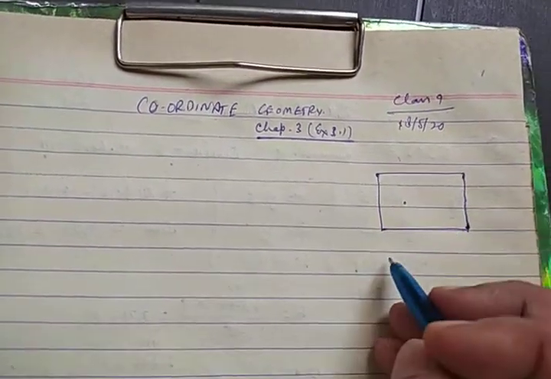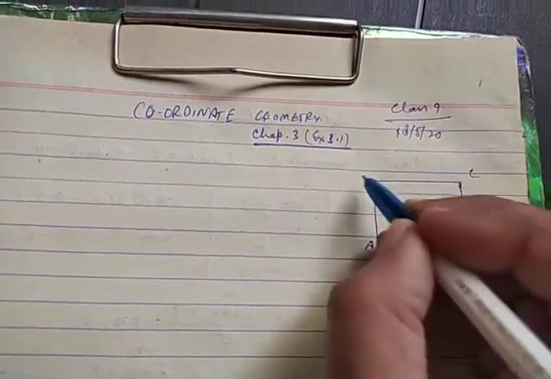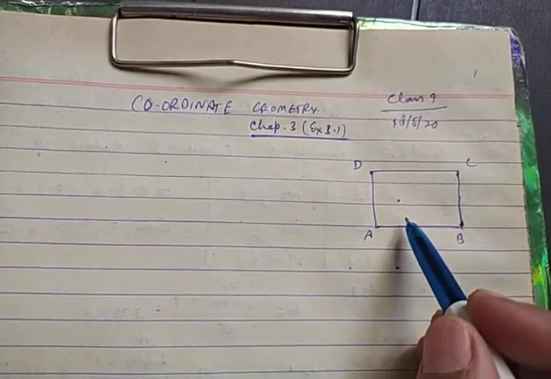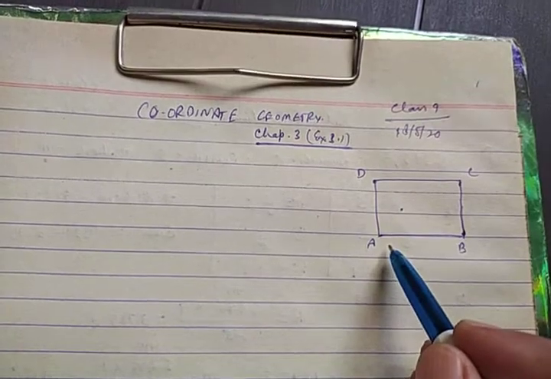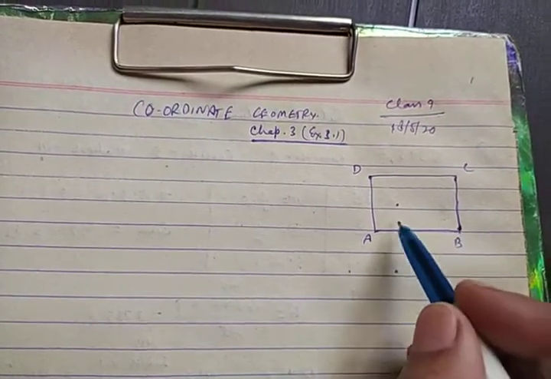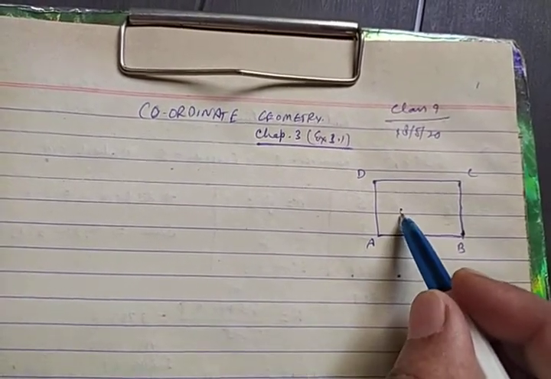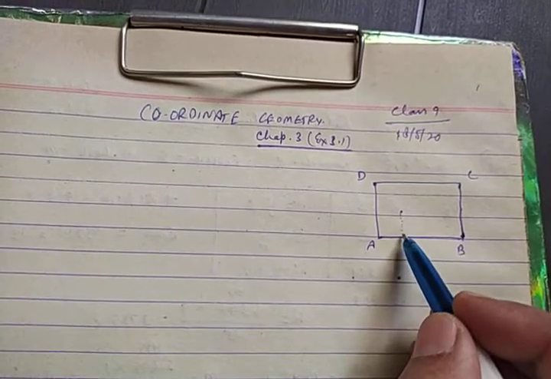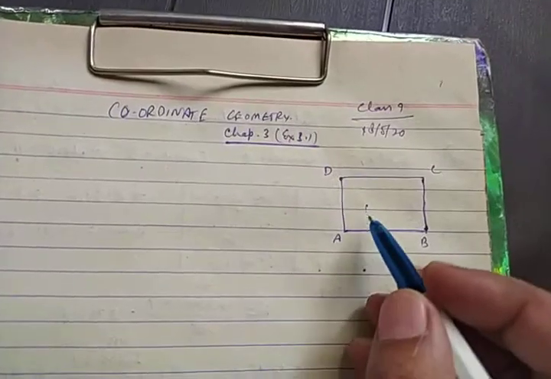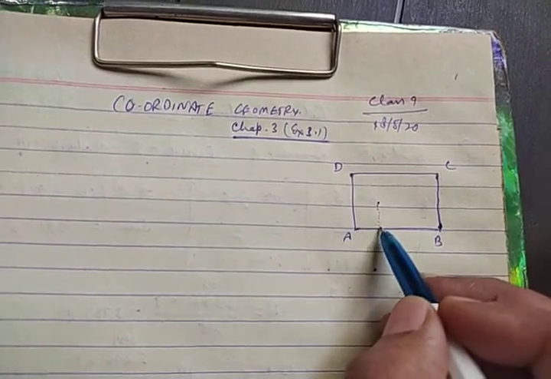Let us name the room A, B, C, D. If you want to express the position of the table with respect to wall AB, then you will measure it in this direction, and you will say whether it is 2 feet or 3 feet, or in meters, whatever, suppose 3 feet away from the wall AB.